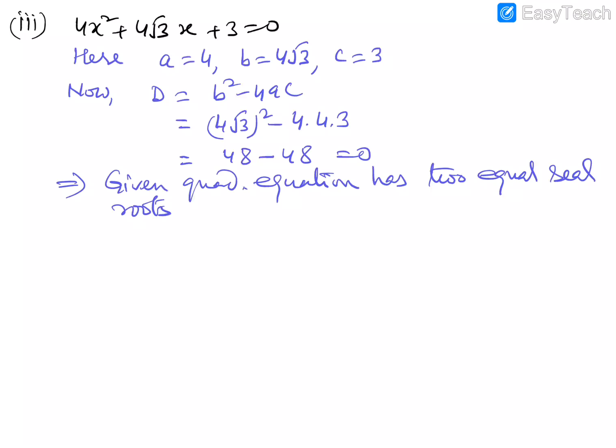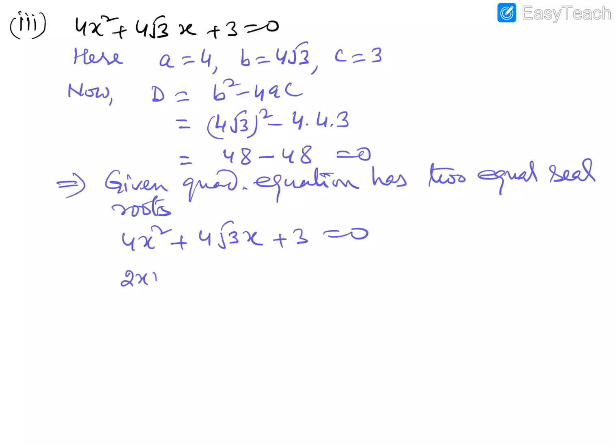Now, we have to find its roots. 4x square plus 4 root 3x plus 3 is equal to 0. Here we can divide the entire equation by 4, or without dividing we can convert it into a perfect square like this.